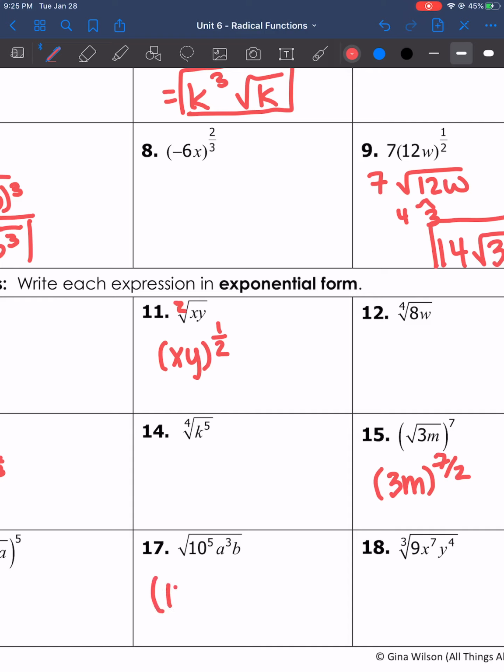So I have 10 to the 5th power, a cubed b, all to the 1/2. So you could have 10 to the 5 halves, a to the 3 halves, and b to the 1 half. Or leave it, either way.